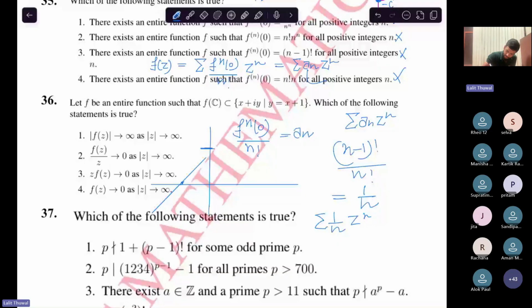It means the image is not dense, and every non-constant entire function has a dense image. It means this function must be constant. And if this is constant, then here you have a constant every time, right? c by z, its limit is 0 obviously when z tends to 0. So this option is true and all other options are wrong.